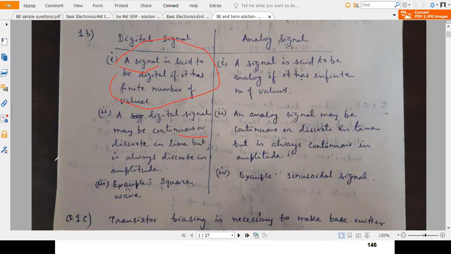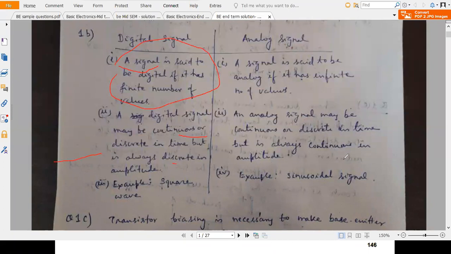As I told you, on the x-axis it may be continuous, but on the y-axis, that is its amplitude level, is actually discretized or divided. But in an analog signal, in both the axes it will be continuous. An analog signal may be continuous or discrete in the time domain, but always continuous in the amplitude domain.